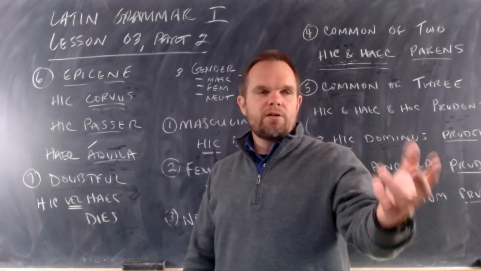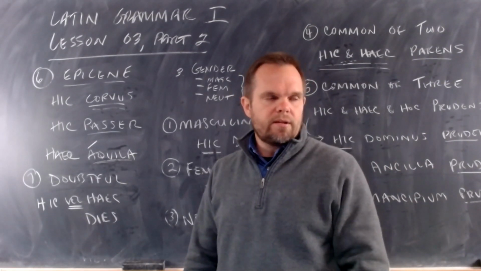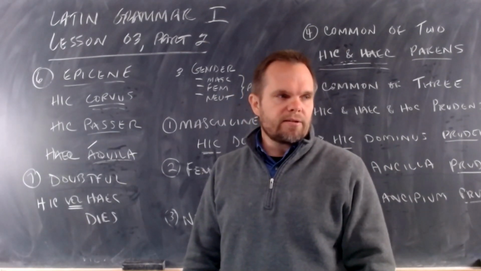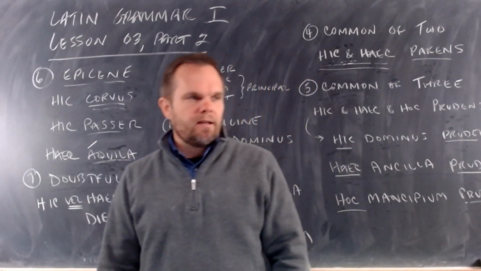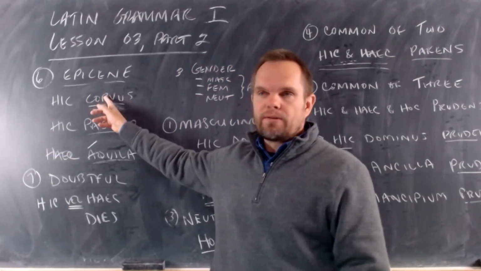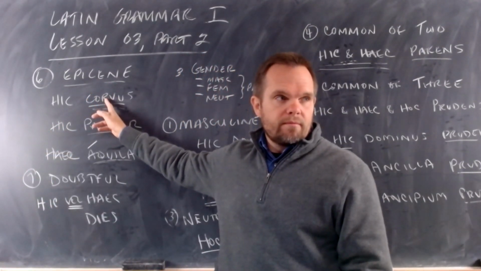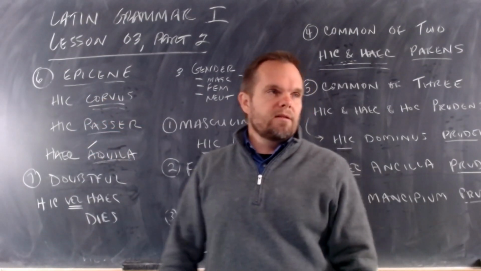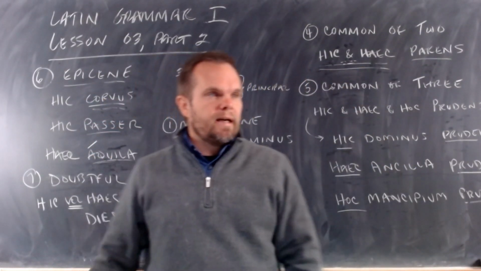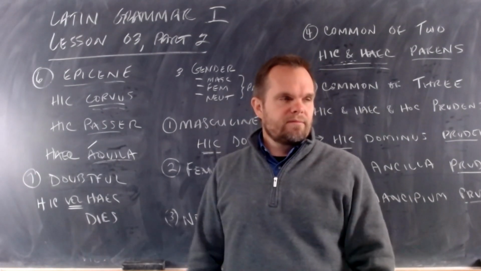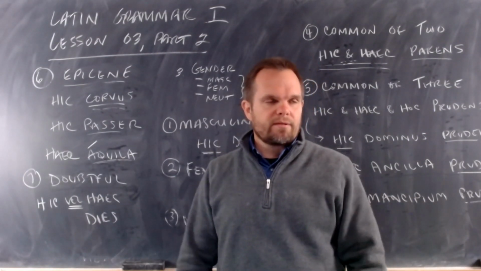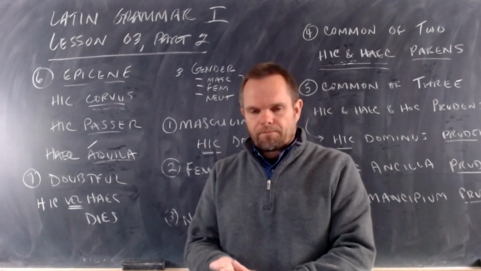So a challenge for you in your studies is to see if you can explain what the epicene gender is, and to see if you can explain the difference between the common of 2 and the doubtful gender, if you understand the differences. Okay?